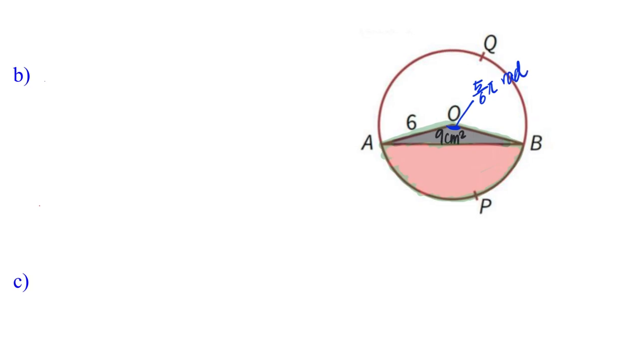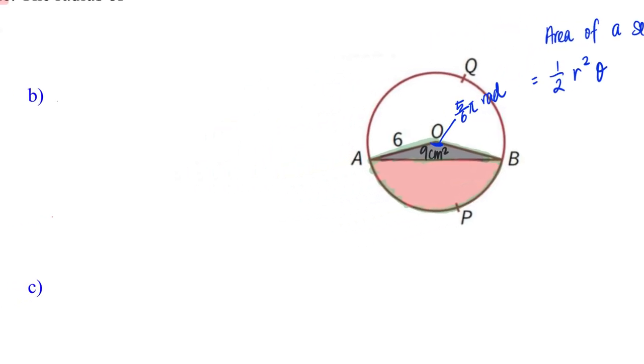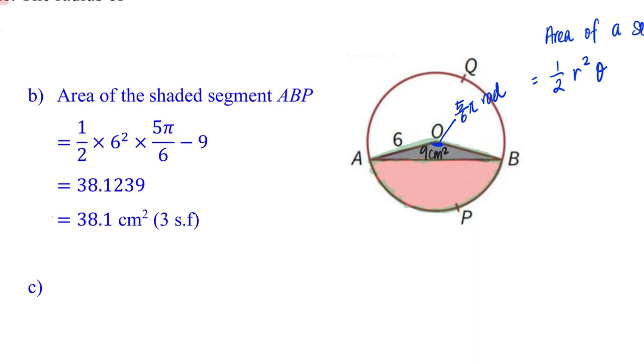So perhaps it is time for us to just recap our memory. Area of a sector, when angle is in radian, is half times r squared times the angle. So you will see Mr. Tan applying that here, where I will have my green color, half r squared theta.